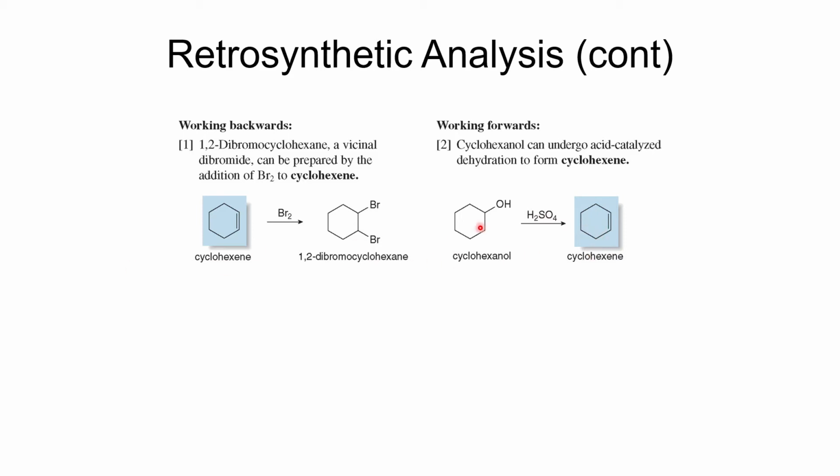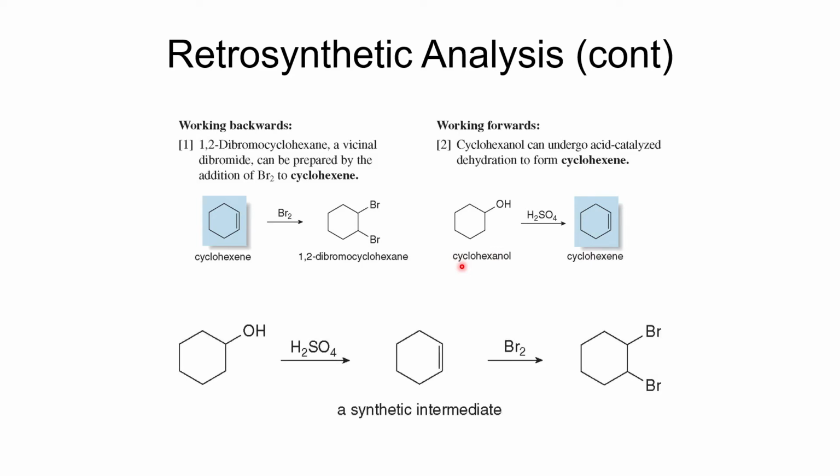So when we put these 2 reactions together, we can put them into a reaction sequence that looks like this. Cyclohexanol treated with sulfuric acid will give us cyclohexene, which is what we refer to as a synthetic intermediate. Usually synthetic intermediates are things that you can isolate, purify, and then go on and do the next step.